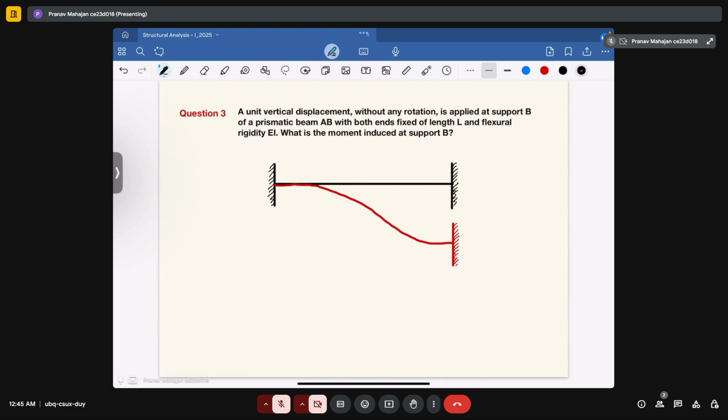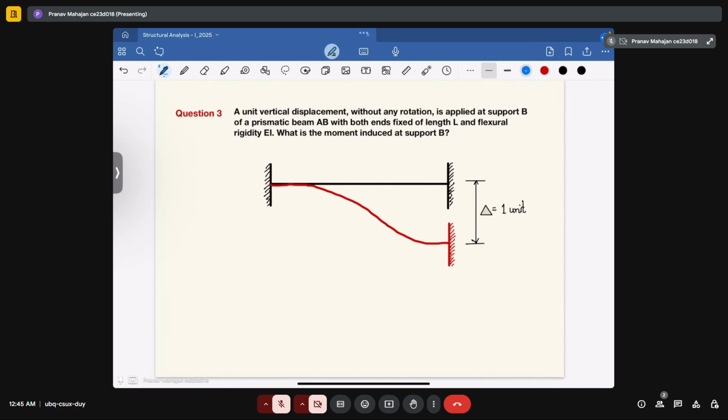So the question is telling you to take the displacement equal to 1. That means delta in this case, it is telling you to be equal to 1 unit. Okay, but due to this displacement, rotation as well as shear will occur in the beam.